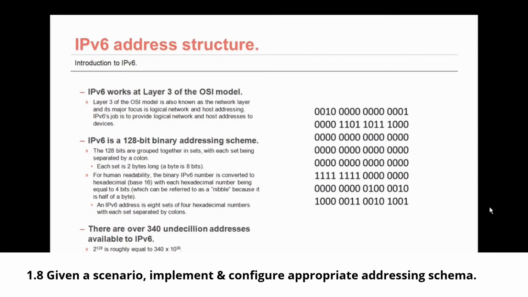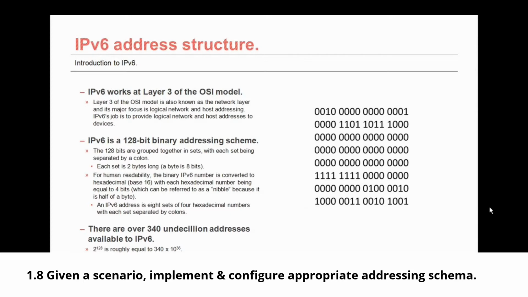Now, IPv6 works at layer 3 of the OSI model, just like IPv4 does. Layer 3 of the OSI model is also known as the network layer, and its major focus is logical network and host addressing. IPv6's job is to provide logical network and host addressing to devices.